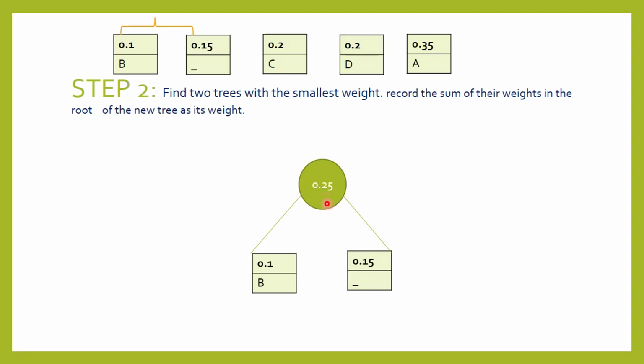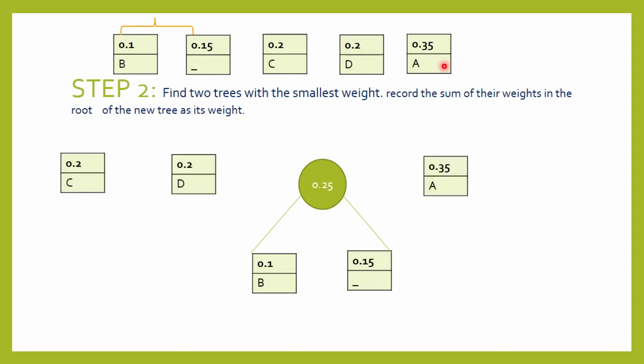After constructing, again you have to sort in ascending order with the remaining nodes. So 0.2 comes before 0.25, another 0.2 comes before 0.25, and finally 0.35.